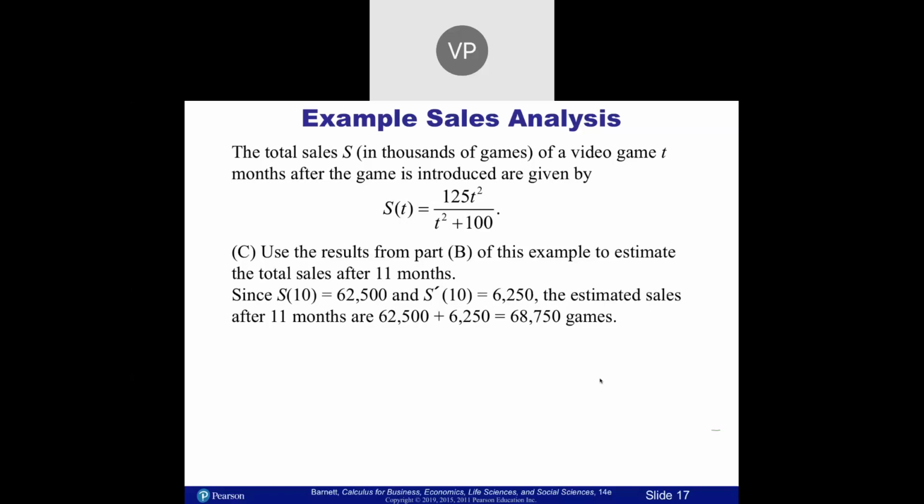Whatever you get for the derivative, you add or subtract that to the previous value, and that will be the estimate for 1 month later. That was something we did about a week or two ago. So if they're asking what's the projected for 11 months, you find the 10 months, find the derivative at 10 months, add the values or subtract them together, and that'll give you the prediction of what they expect it to be on the 11th month.